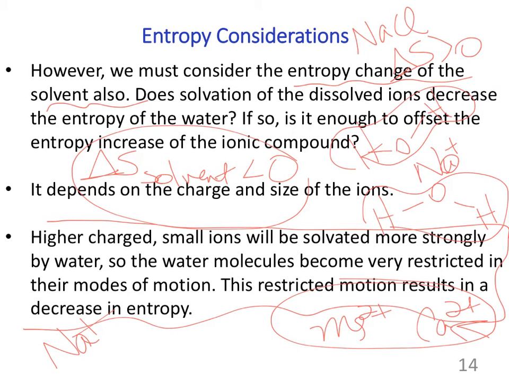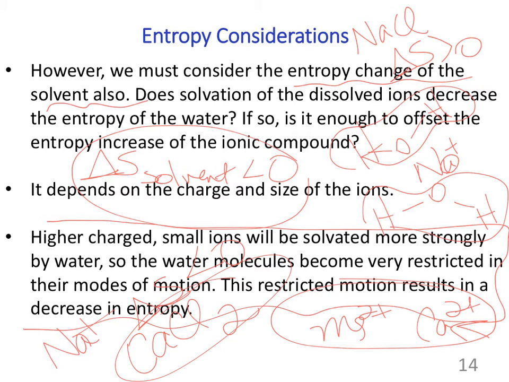However, if you start talking about higher charged ions, for example calcium chloride, it is likely, or a distinct possibility, that the entropy change, delta S, will be unfavorable, so less than 0 overall. And that could mess with the overall solubility of an ionic compound.